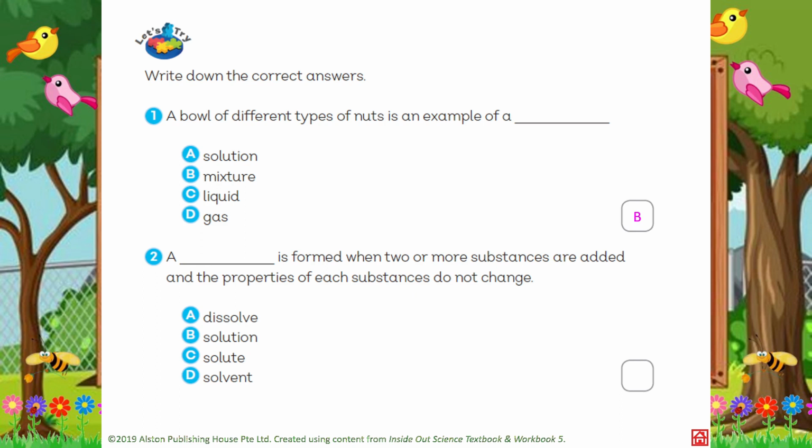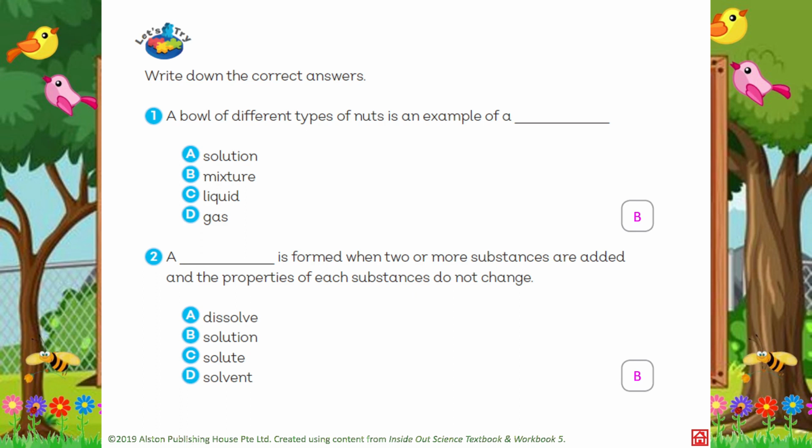Okay, so number two, a blank is formed when two or more substances are added and the properties of each substance do not change. For example, A, dissolve, B, solution, C, solute, or D, solvent. The answer would be letter B. It is a solution.